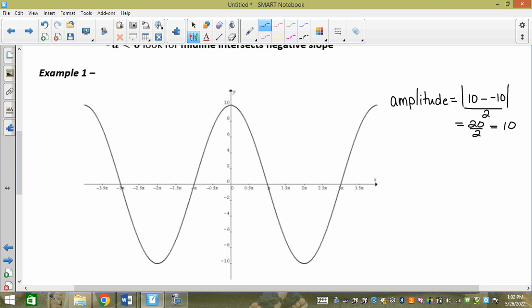So if I go from -10 up to 0 all the way to 10, what is that a vertical distance of? 20. And what's half of that? 10. That's all that formula is doing. That formula is counting. The top part of the formula is counting the vertical distance from the minimum to the maximum. And then the 2 is just dividing it in half. Okay? Done. Flip to the next page.